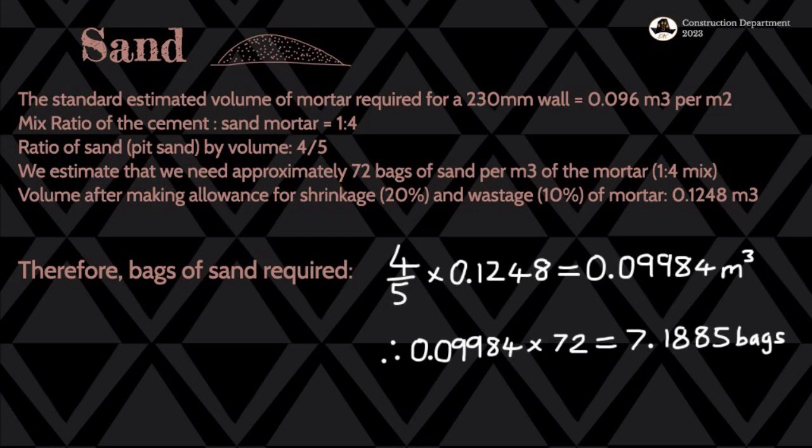We know the ratio will be 4 over 5 for sand, because it's 1:4, 1 for cement, 4 for sand. And we need 72 bags per cubic meter of mortar. We'll then need to convert to bags as well, because our quotation is sold per bag, so we need to understand that.